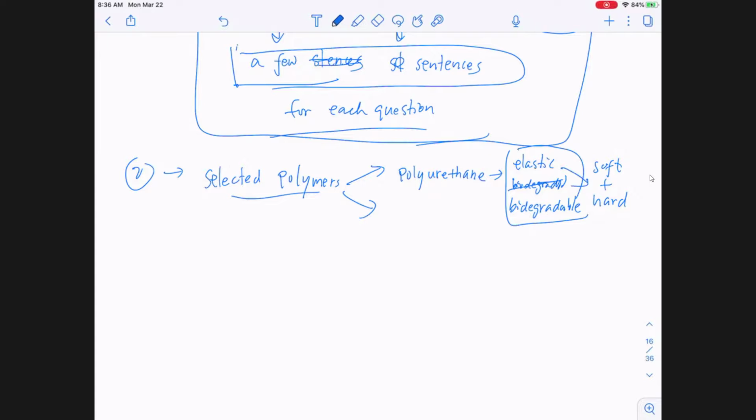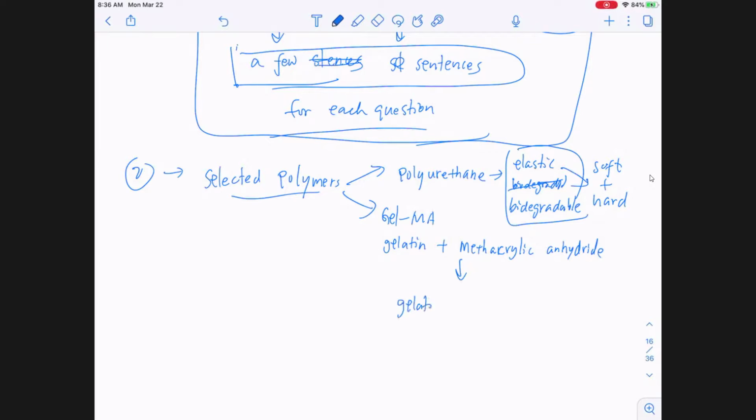Meanwhile, we will talk about GelMA. It's about gelatin plus methacrylic anhydride to prepare gelatin methacrylate.